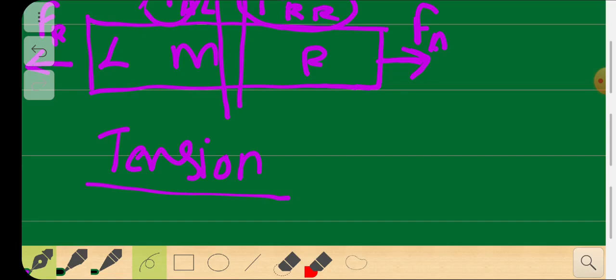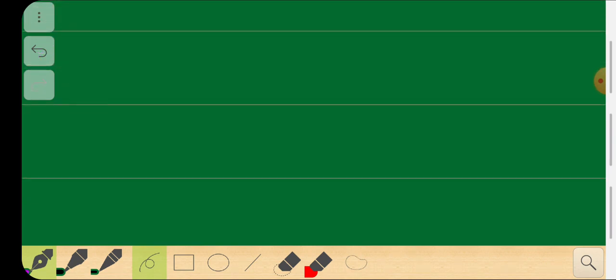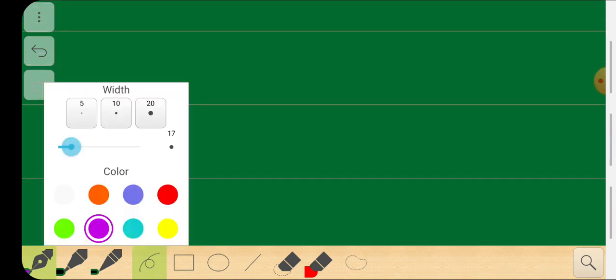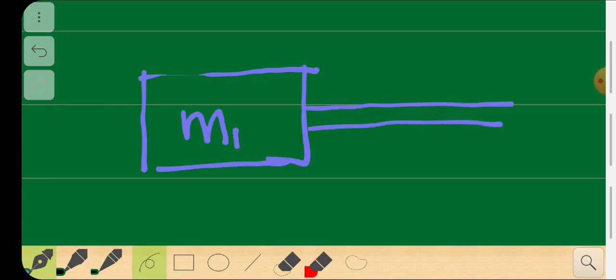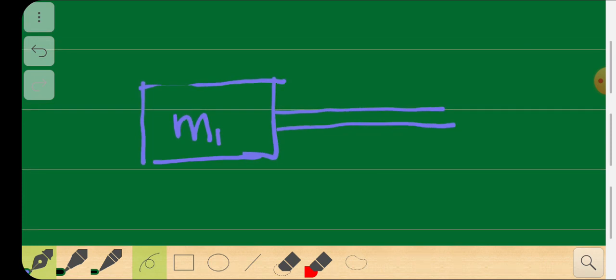The force acting inside a rope. Now let's assume that we have a mass, say some m1, and it is attached to a string. Say the string has some mass m2.